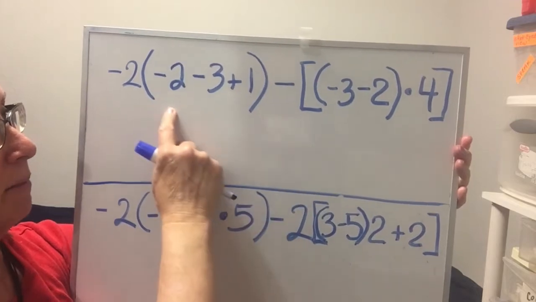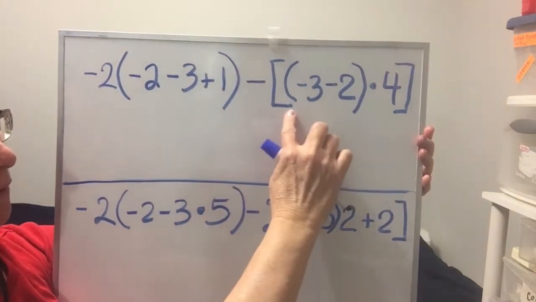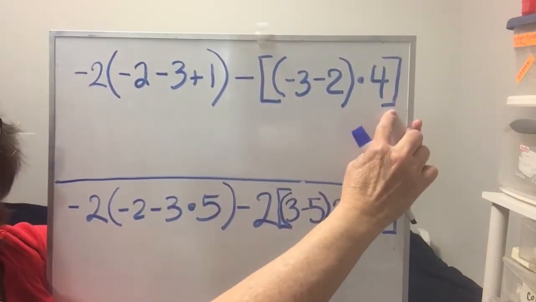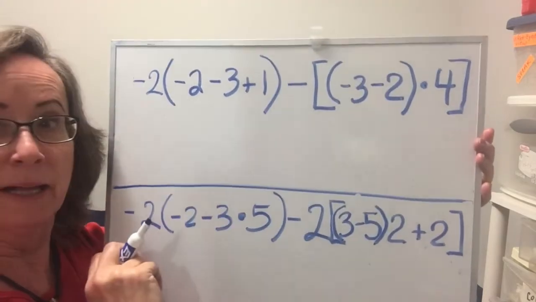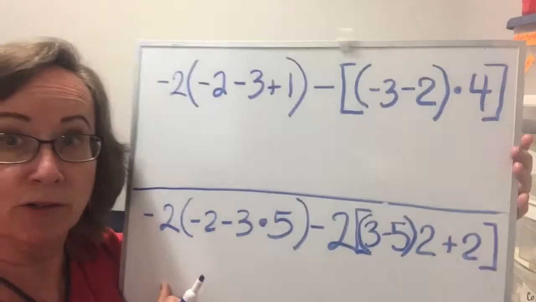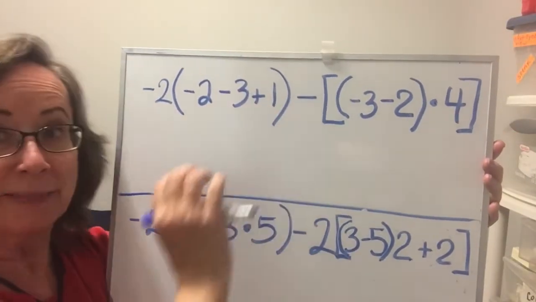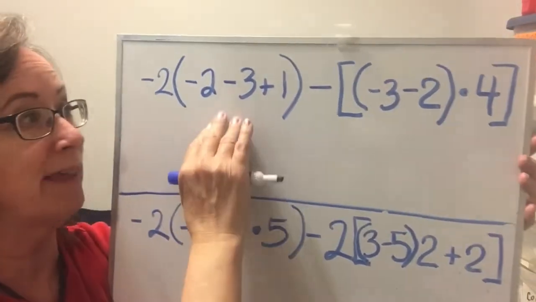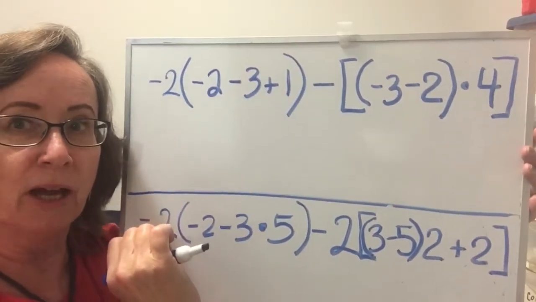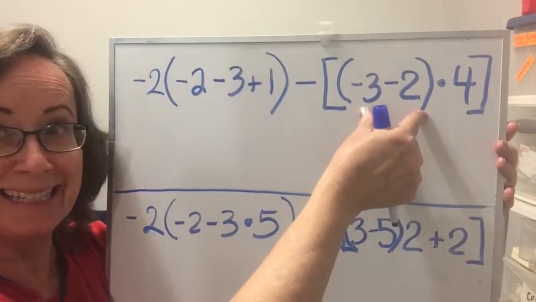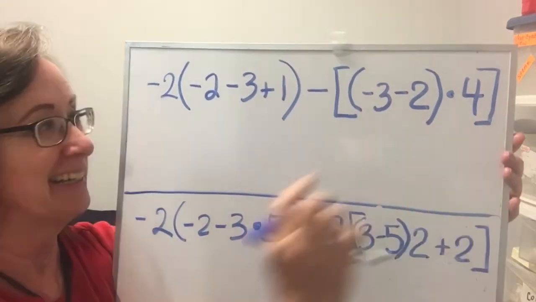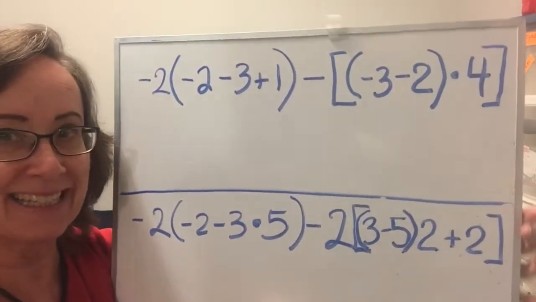I have parentheses, and then over here I have a big bracket, and inside the bracket are some parentheses. So I'm going to do those first. This one is on the left. If we have more than one symbol of inclusion, we always work left to right and inside out. Okay, so left to right and inside out.